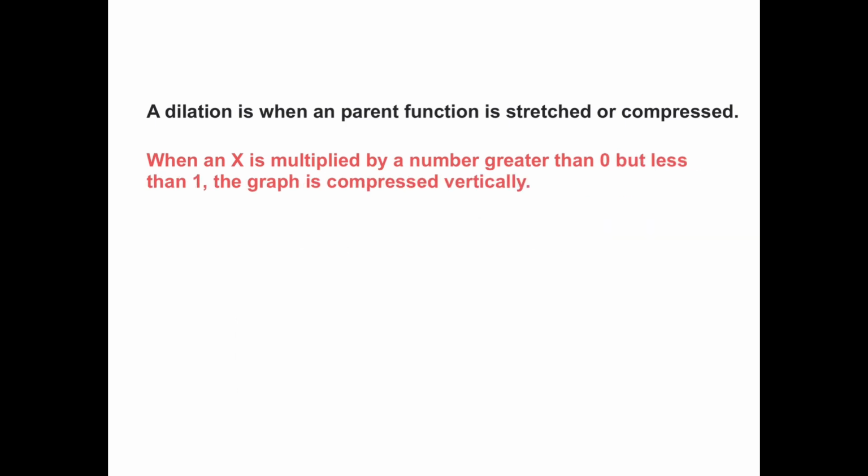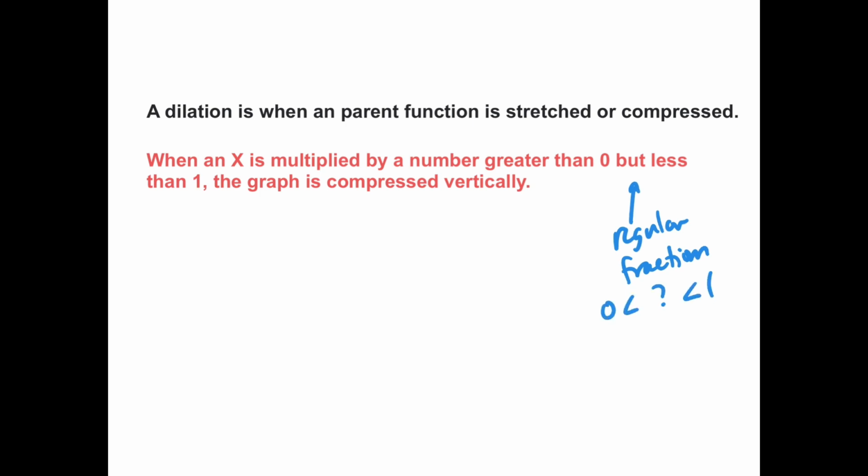All right, then the other one is a vertical compression that we're going to look at. When we have a vertical compression, x is multiplied by a number greater than 0 but less than 1, meaning a regular fraction between 0 and 1.